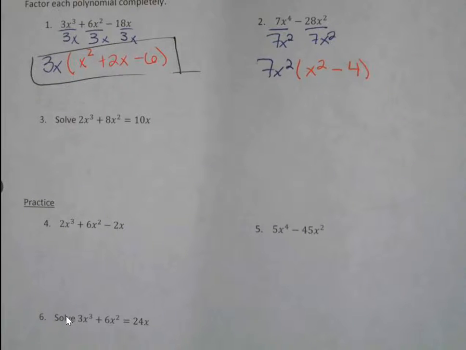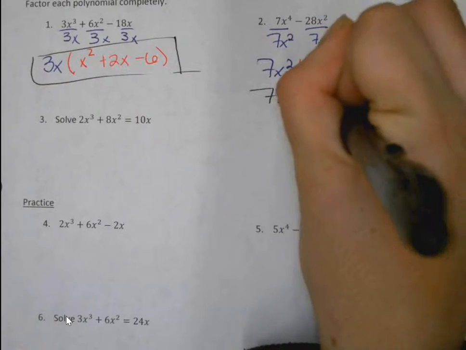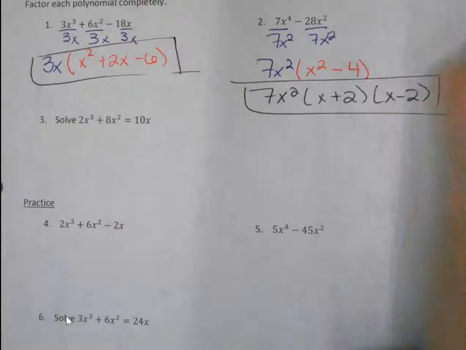Can I figure out two numbers that multiply to negative 4 and add to 0? Yes. Negative 2 and 2. So I'll just write that on the board. Questions on number 2?